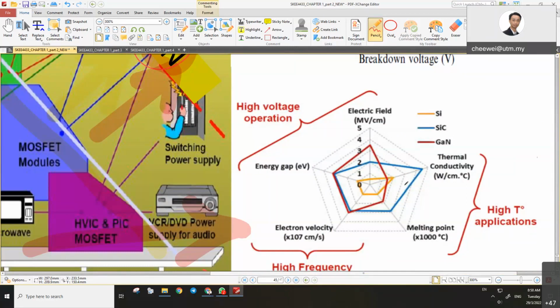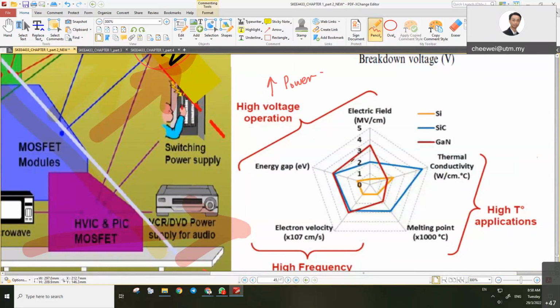I'm not sure how they measure, and then they plotted in this diagram as well. So higher voltage operation means high power application. Who is able to work in a higher voltage operation? Let's see the blue line, and this is the maroon line.